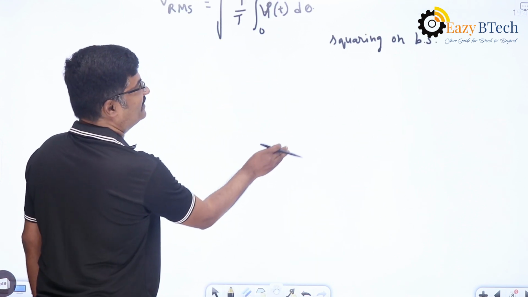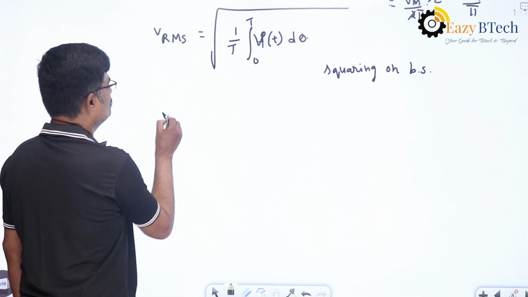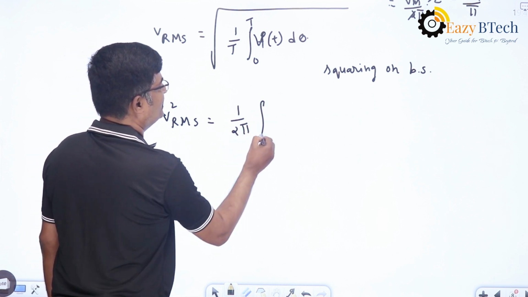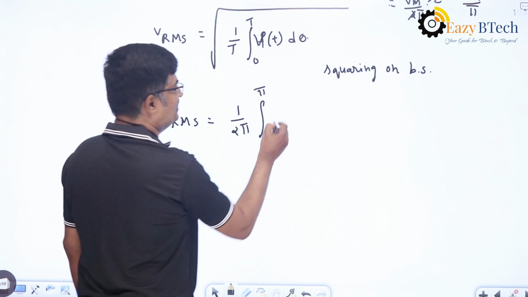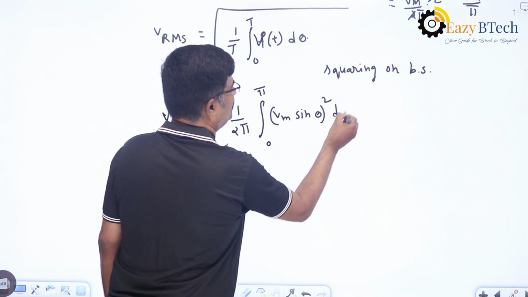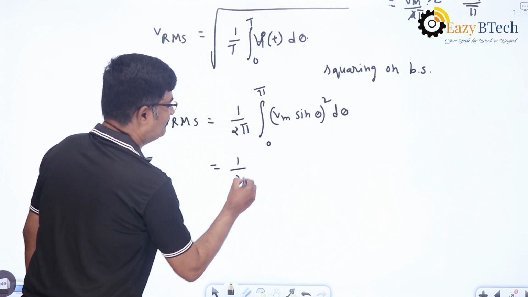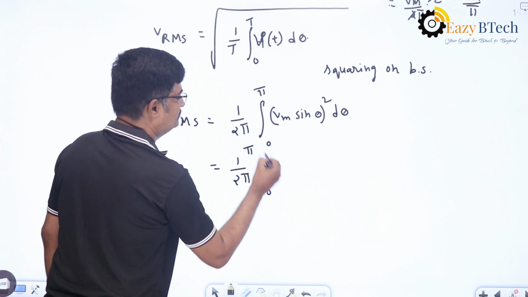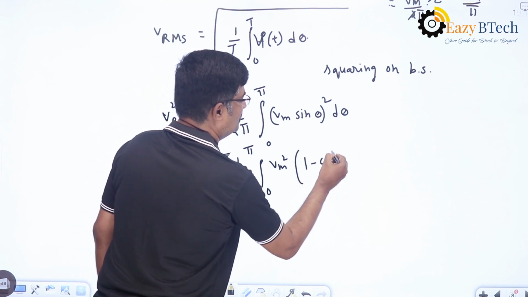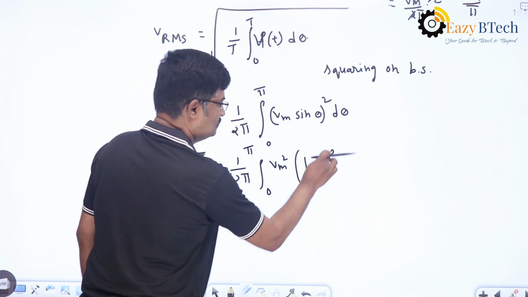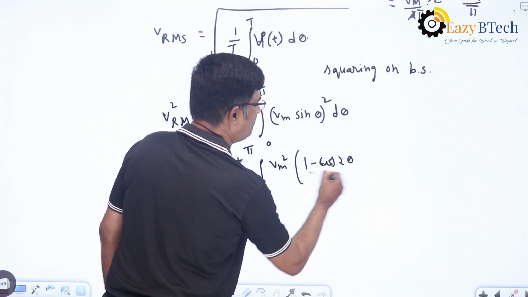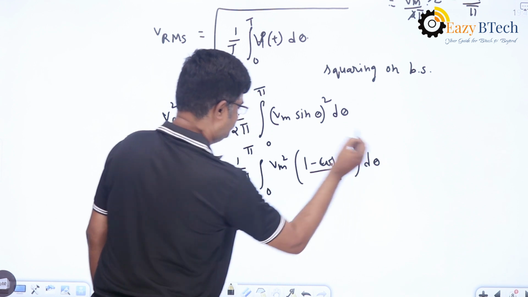When I am squaring, V square rms is equal to 1 by 2 pi integral 0 to pi, my V of t is nothing but Vm sine theta whole square into d theta, which is nothing but 1 by 2 pi integral 0 to pi Vm square into 1 minus cos 2 theta by 2 into d theta.